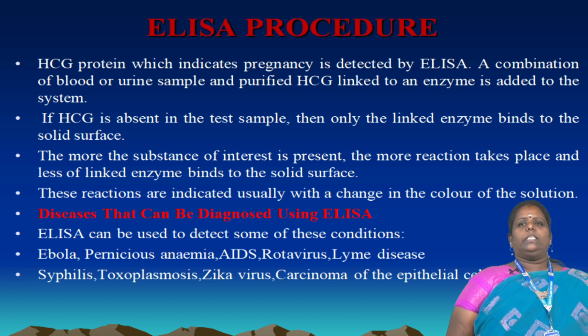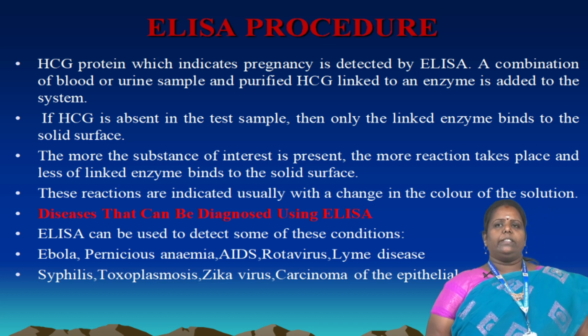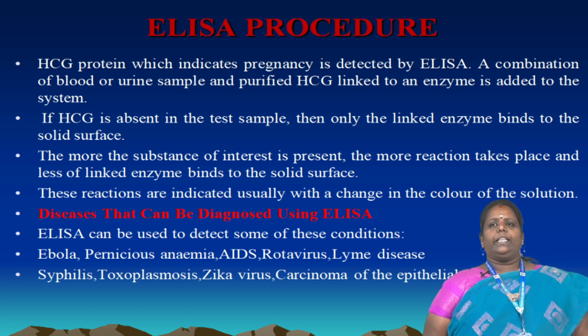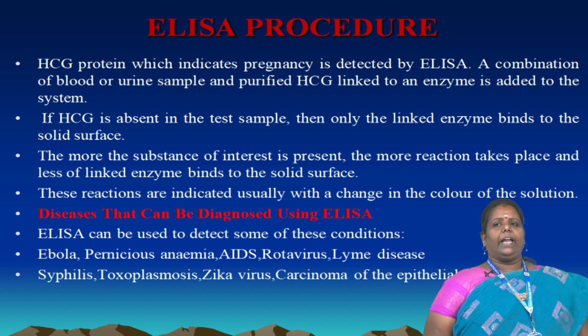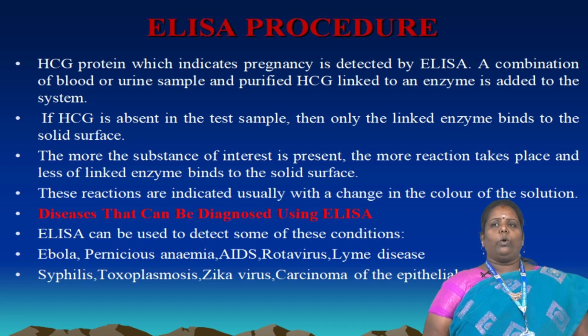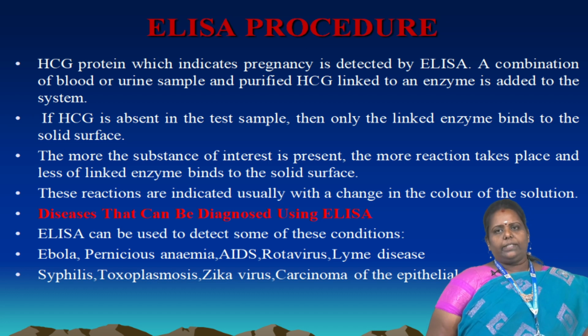What are the procedures also? Normally, the hCG protein, which indicates pregnancy, is detected by ELISA. This is a combination of blood and urine samples, also purified. The enzymes are normally added in the system. In the presence of this hormone protein in the sample, the enzyme is linked to bind to the solid surface.